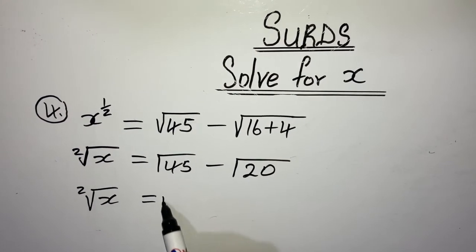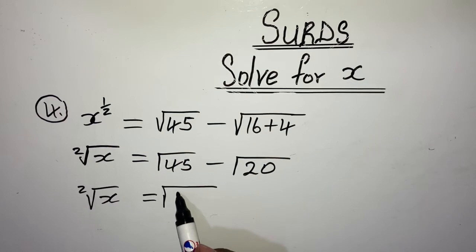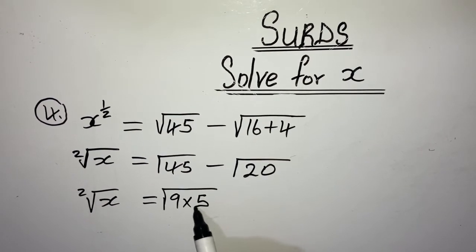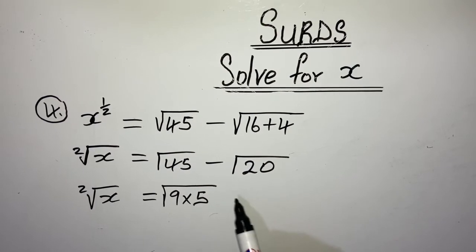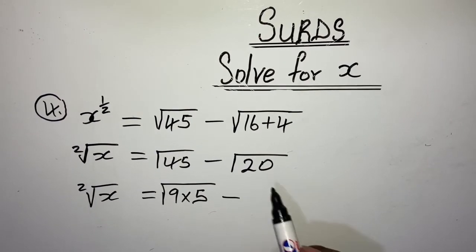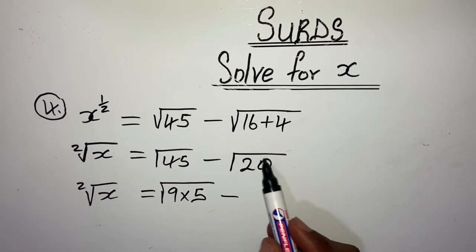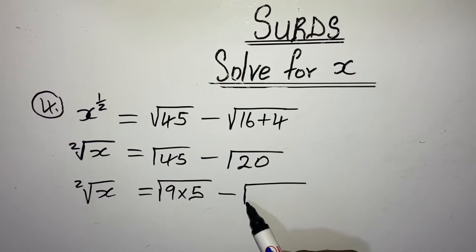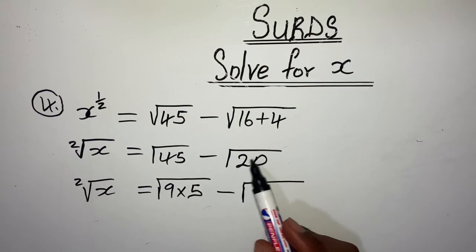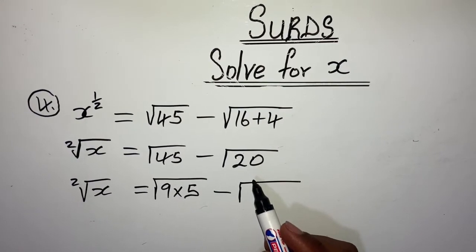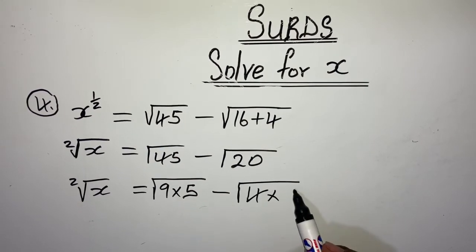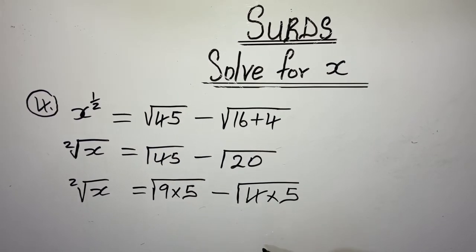So I'll use a 9 times 5 minus, same goes for a 20, which is not a perfect square, so I'll need two numbers that I'll multiply, and they must give me a 20. One of those numbers must be a perfect square, so I'll go for a 4 times 5.